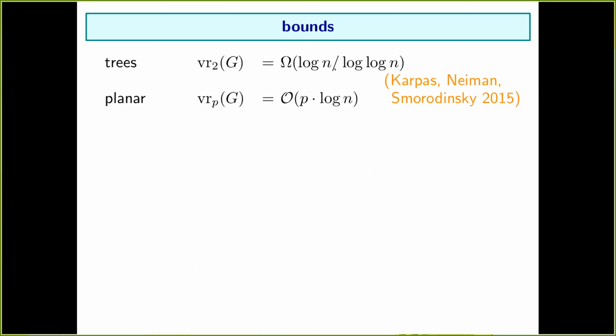Yeah, so the first vertex ranking is just the chromatic number, so it shouldn't grow with trees, right? But the second does grow, and there is a quite easy argument that if you look at the p-ranking chromatic number for planar graphs, then you can bound it by log n times p.